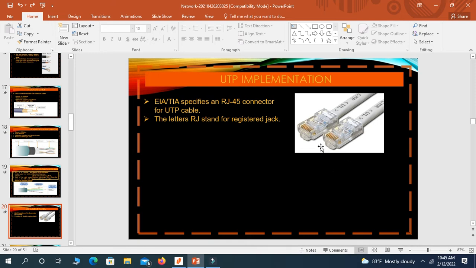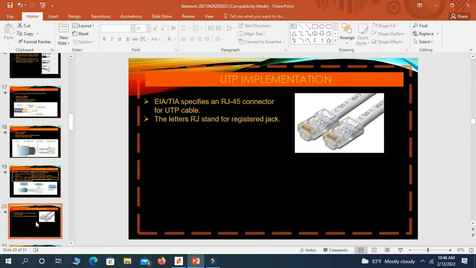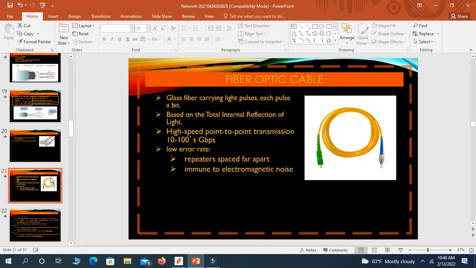It is connected to the unshielded twisted pair cable. You must have seen this if you are using a broadband connection in your home. The letters RJ stand for registered jack.